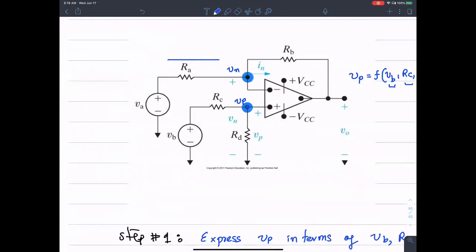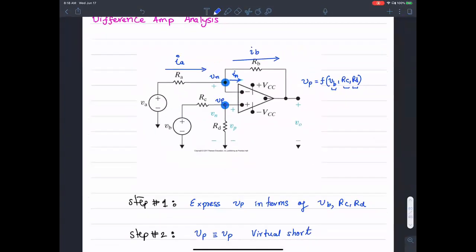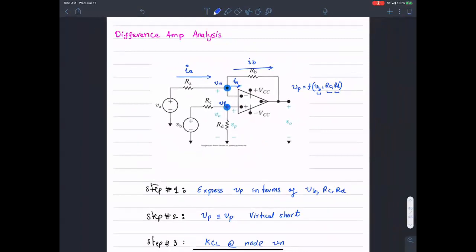Let's say the current flowing through RA, I'm going to call this IA. The current flowing out through RB is going to be IB. And then the current going into the OpAmp itself is I sub n. So using these three branch currents, I can write KCL at that node Vn.